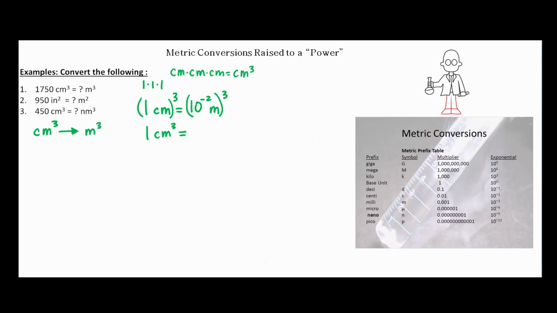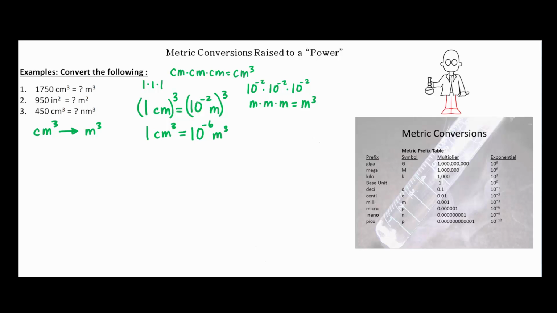Now, on this other side, I have to cube 10 to the minus 2, which is 10 to the minus 2 times 10 to the minus 2 times 10 to the minus 2. Same base, add exponents. That would give me 10 to the minus 6. I need to cube the unit of meter. That would give me meters cubed.